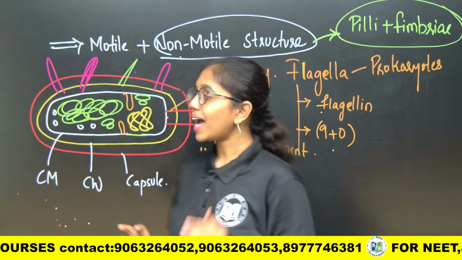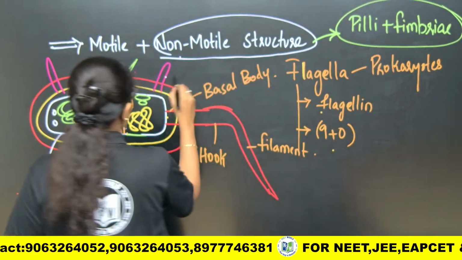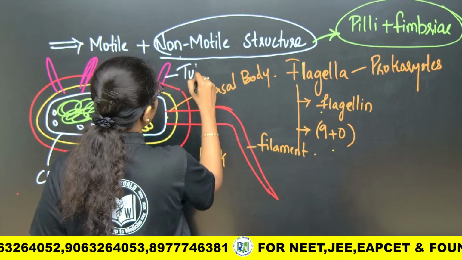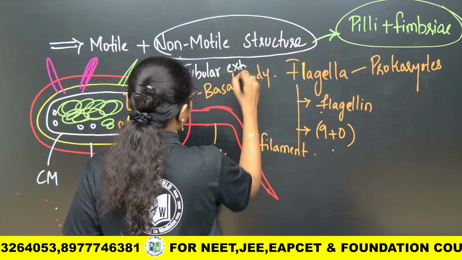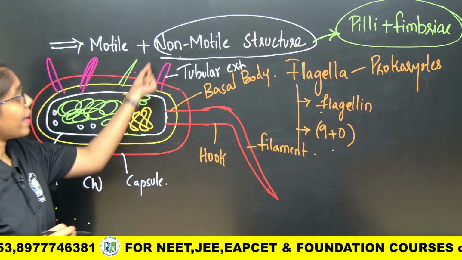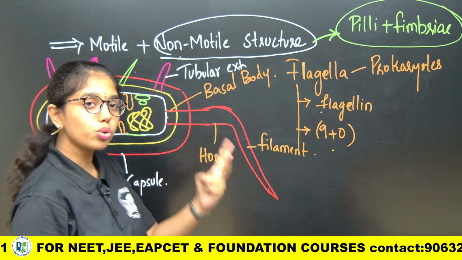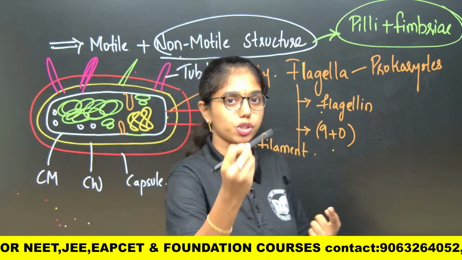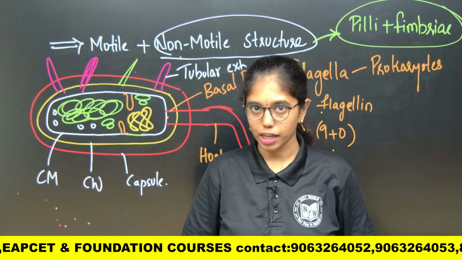Whereas pilus are tubular extensions arising from the cell wall of the bacteria. Pili have two functions. One is attachment to the host cell or the substratum, promoting cell to cell attachment.